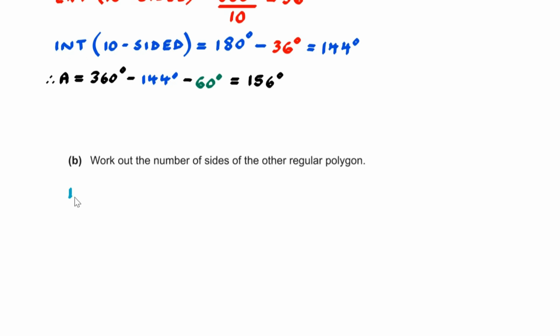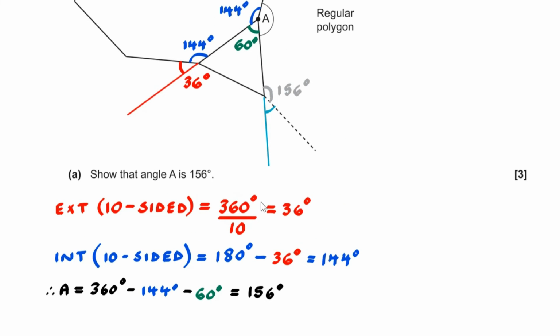So the exterior angle will equal 180 degrees, subtract the 156 degrees. It turns out the exterior angle is equal to 24 degrees.